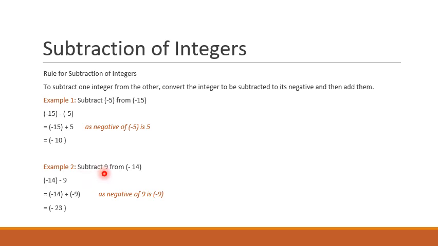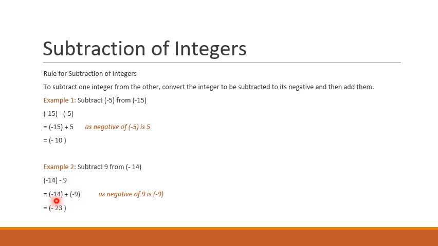Subtract plus 9 from minus 14. So here 9 is to be subtracted. So we write 9 afterwards. So minus 14 minus plus 9. Now change this minus sign to plus and 9 to its negative. So plus 9 will become minus 9.